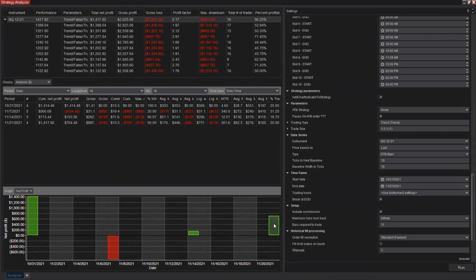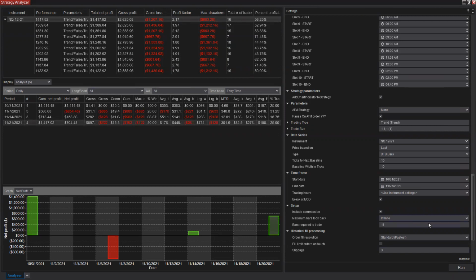weak, the previous trading day showed that it entered 4 trades for a profit of $700. The previous day entered 3 trades for a profit of $153. The previous one lost $800. The previous one made $1,400.